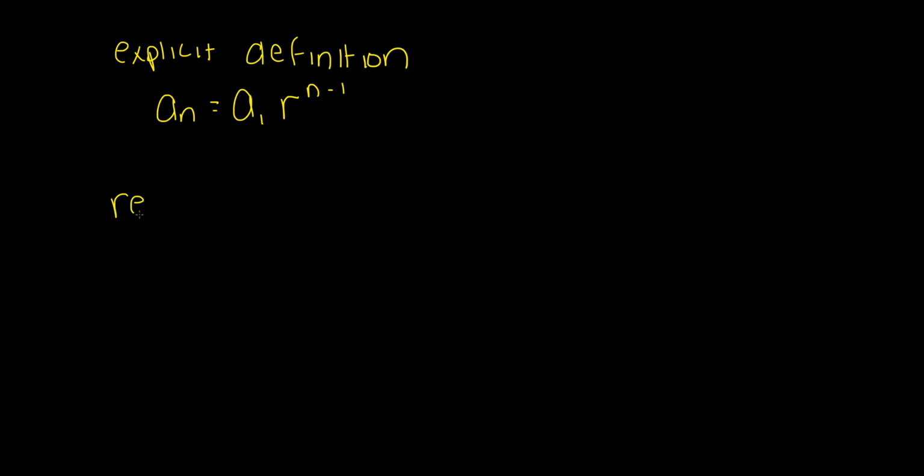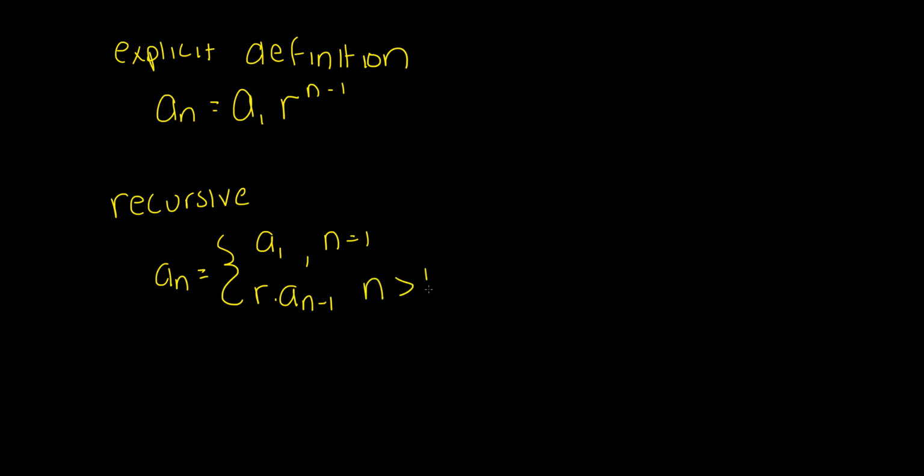While the recursive will be a sub n, curly brackets, term value a1 when n is equal to 1, and then r times a sub n minus 1 for n greater than 1. So these are just kind of the definitions. These will follow us through for every one of these examples.